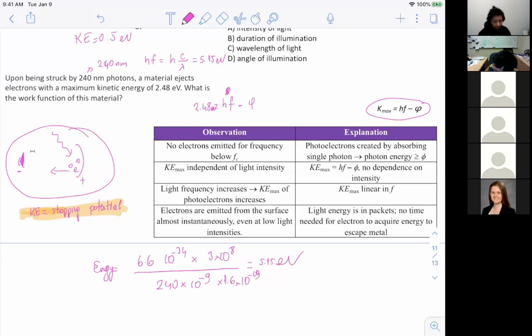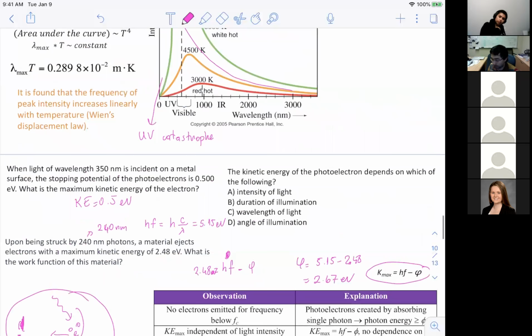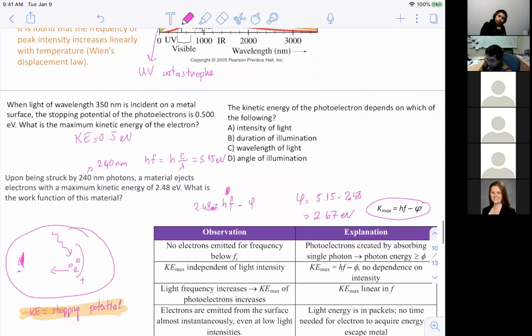Let me write down. Then the work function phi is going to be 5.15 minus 2.48, which is 2.67 electron volts. That's the work function of the material. And the last question: the kinetic energy of the photoelectron depends on which of the following?